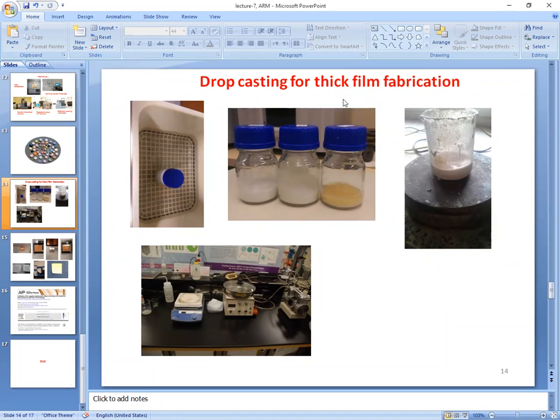In modern electronic technologies, we use films to be lighter and more compact, to reduce the size of devices, so the volume and weight are lesser. We make it thick film or thin film.